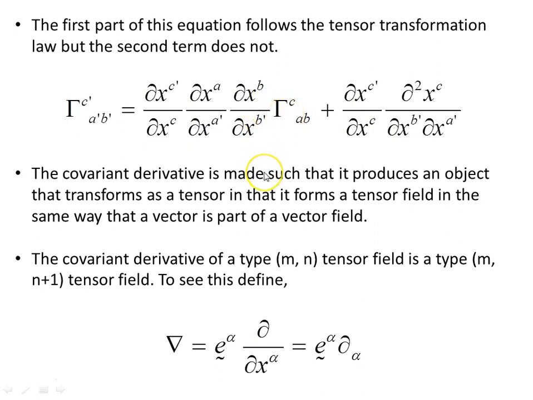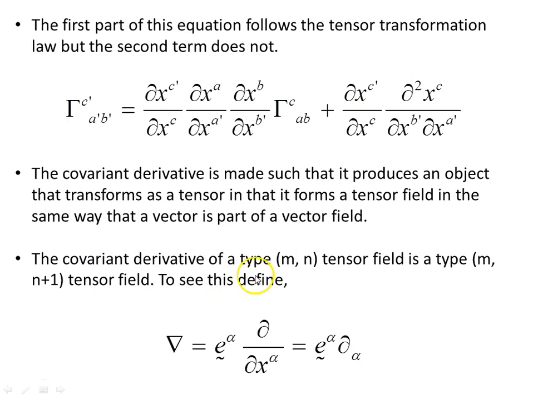And so the covariant derivative, the end result, is not actually a tensor, but it is part of a tensor field, and each term when you evaluate them you'll just end up with a tensor which transforms as a tensor. So we say that it transforms as a tensor and then it forms a tensor field in the same way that a vector is part of a vector field. I know that sounds a little bit strange, but the final object, if you just evaluate it and put in all the components and work them all out, you'll get an object that's still a tensor and will transform as a tensor.